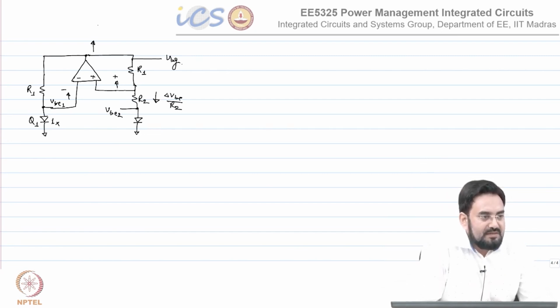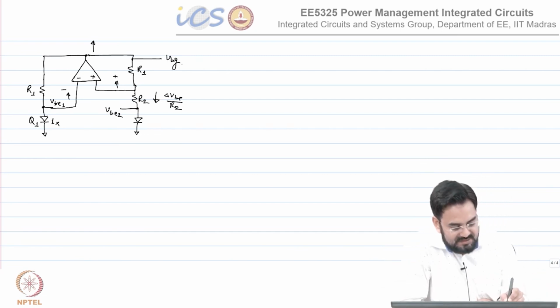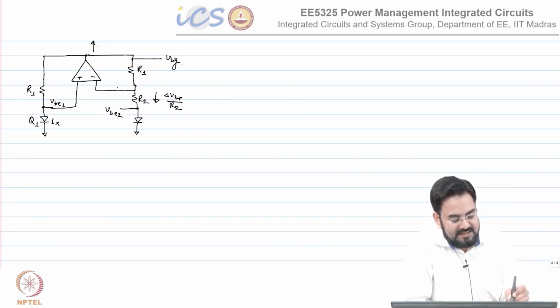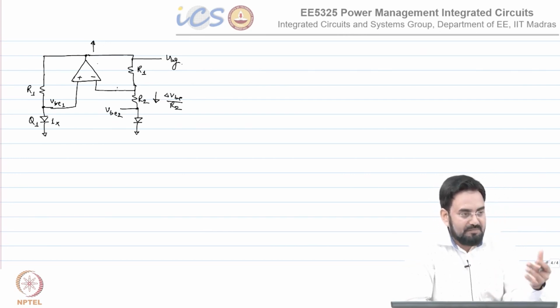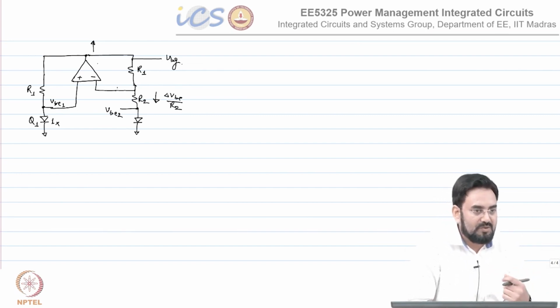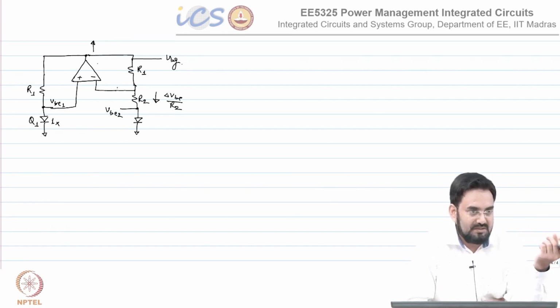So this is creating a positive feedback, which means this should be plus and this should be minus, because if you make the change, this negative will change more compared to the positive input, and it will try to oppose any change in the output and make your output stable. Okay.